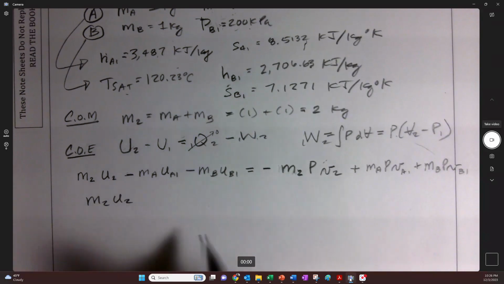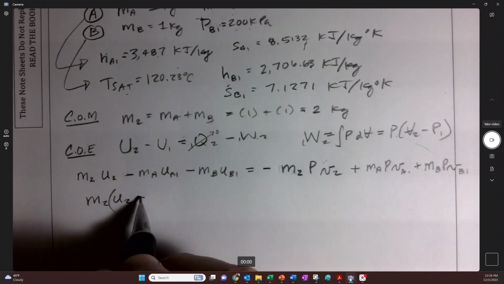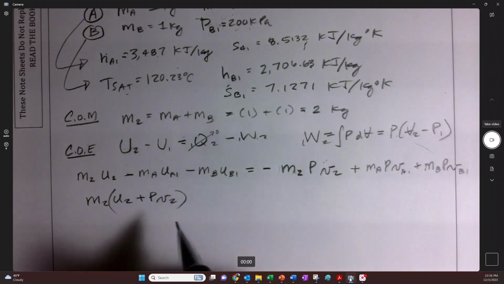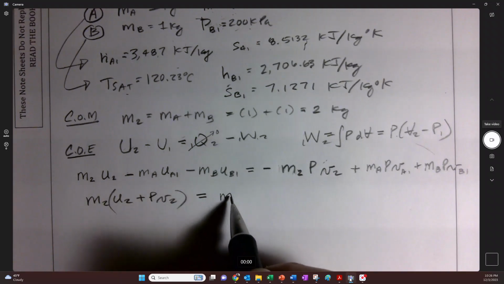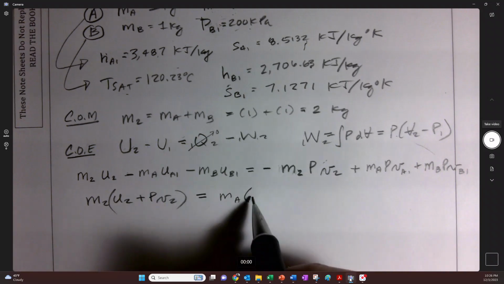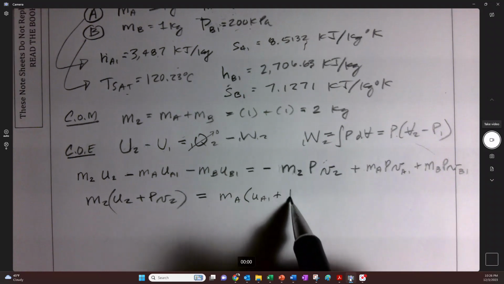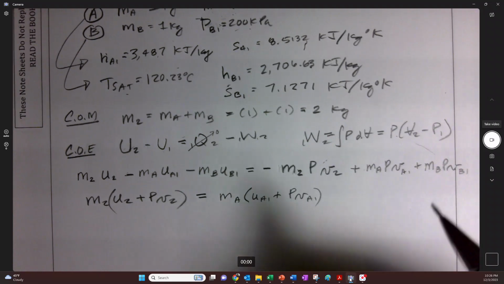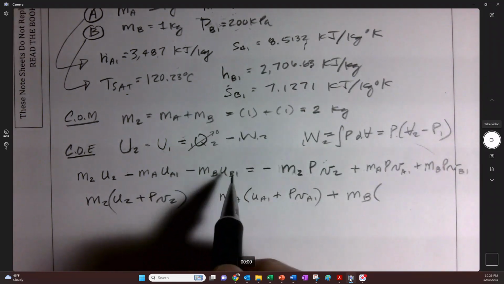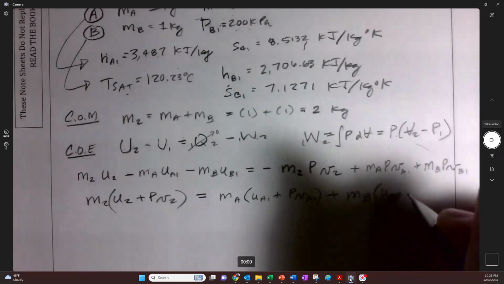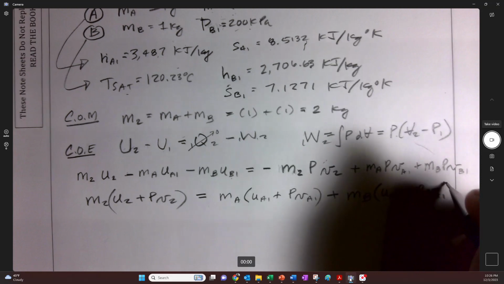So what we could do now is come back onto the other side. M2 U2, but we're going to bring this on the other side, plus P V2 is going to be equal to MA times UA1 plus P VA1 plus MB UB1 plus P VB1.